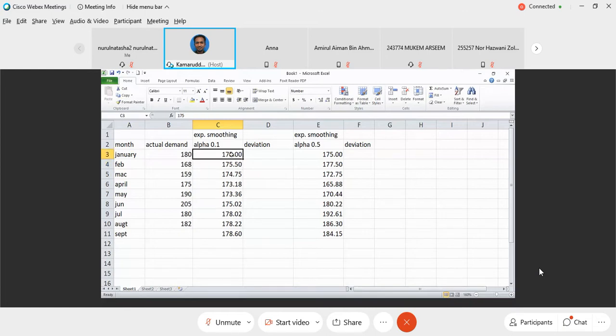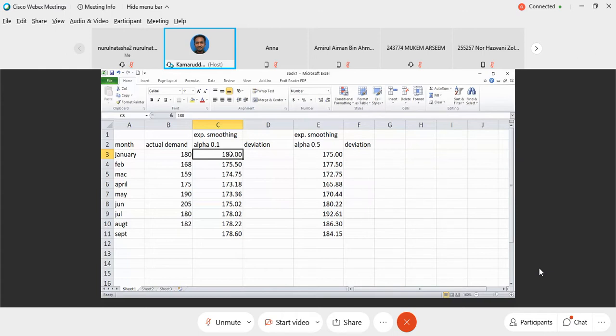Baik, sebelum tu sekiranya kita tidak diberi maklumat apakah forecast pada Januari, kita akan membuat andaian bahawa forecast pada Januari adalah bersamaan dengan actual demand pada Januari, yang mana kita menggunakan pendekatan naive approach.